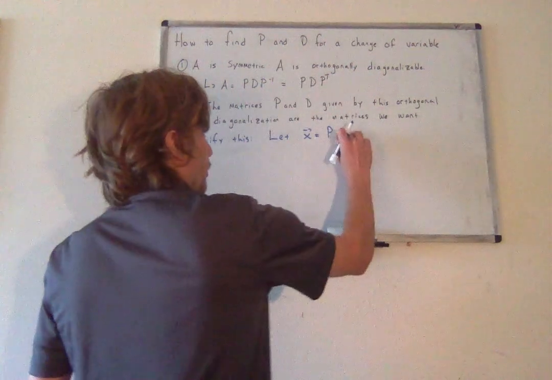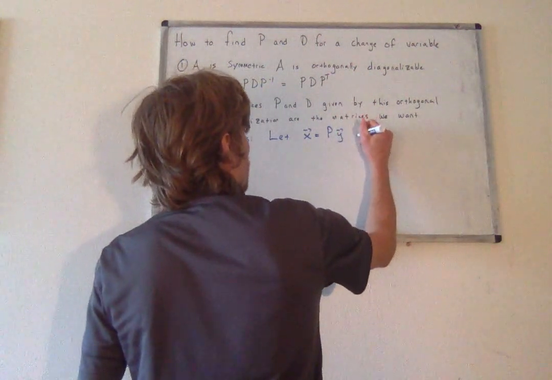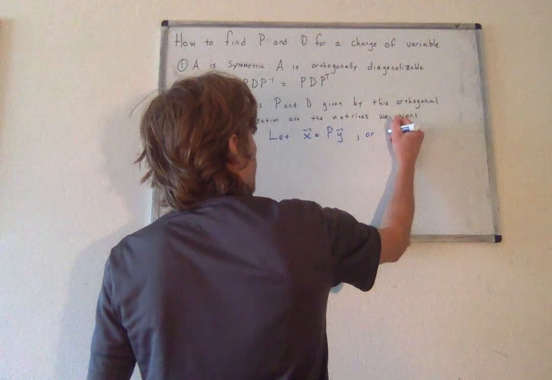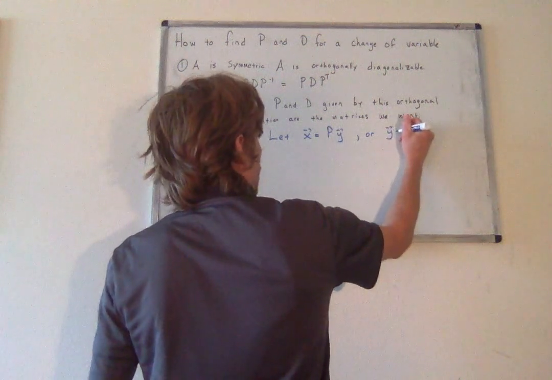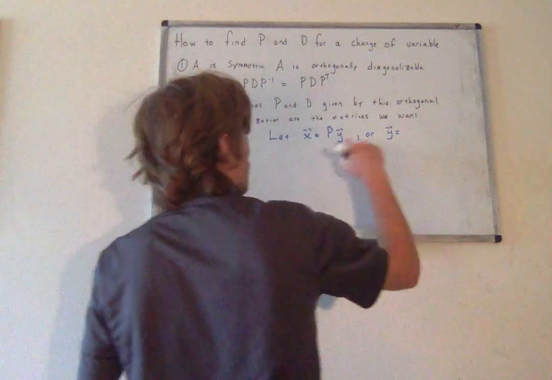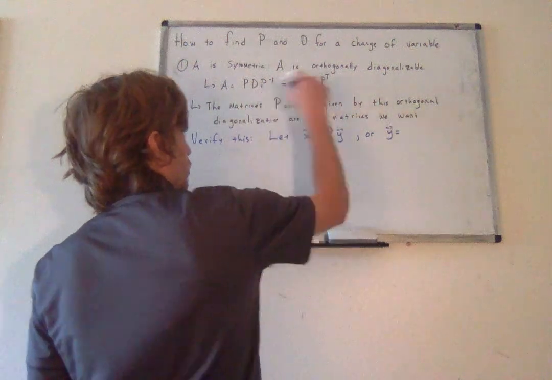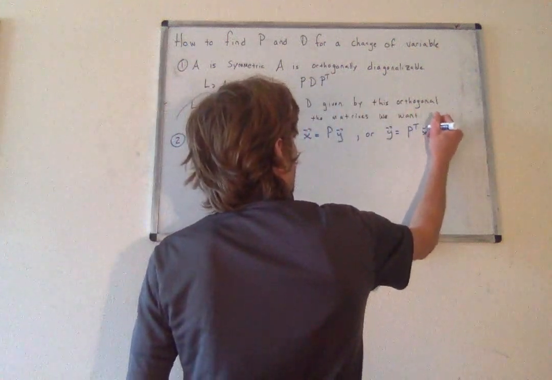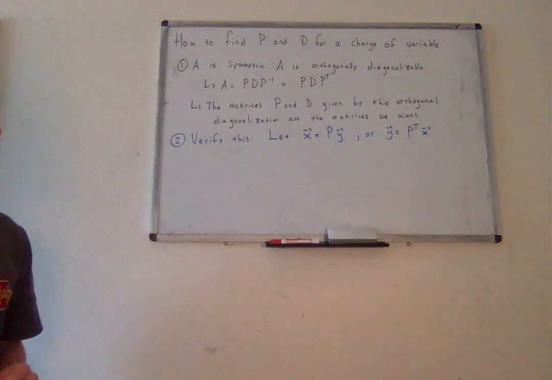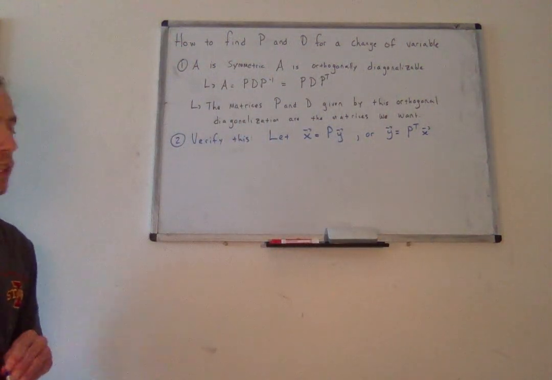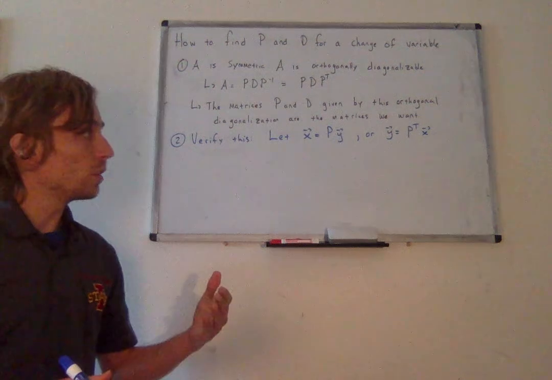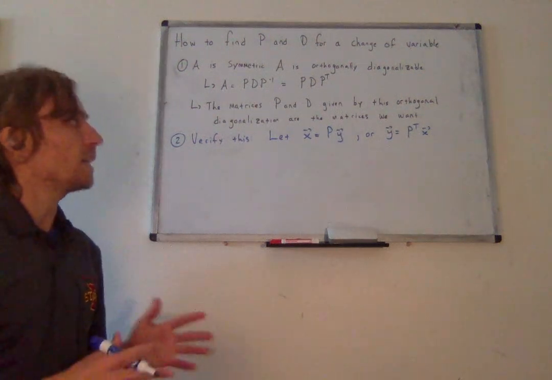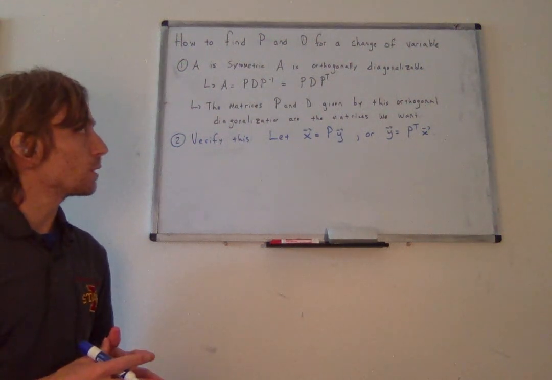And remember, this is equivalent to stating that the new variable vector y we want to solve for is equal to P inverse times x, but remember P inverse is equal to P transpose. So the new variable vector we want, we define by taking our old variable vector and multiplying it on the left by P transpose.